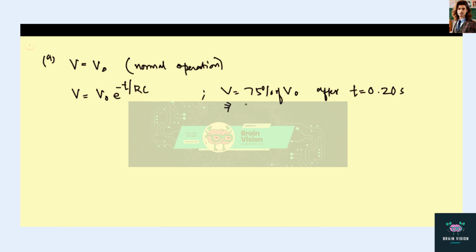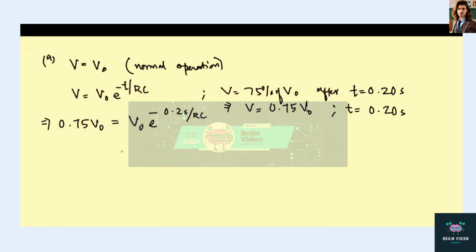So V is 75% of V naught, which is 0.75 times V naught, and this occurs after t equal to 0.20 seconds. So let's plug these two over here. So we have 0.75 times V naught equal to V naught e to the power minus 0.2 seconds over RC.